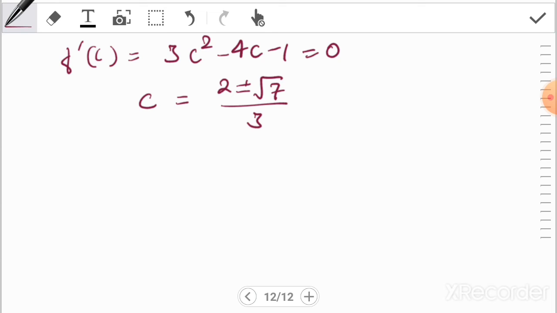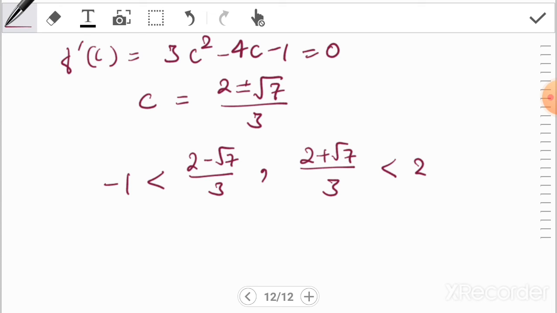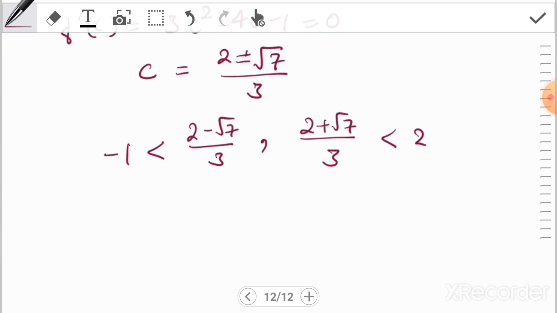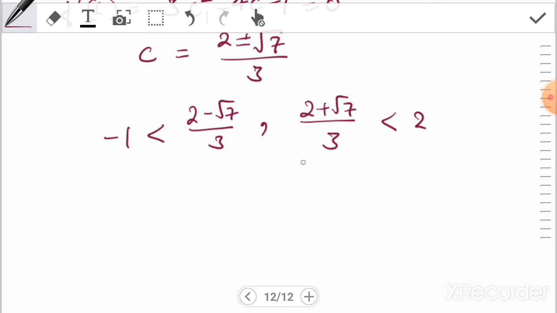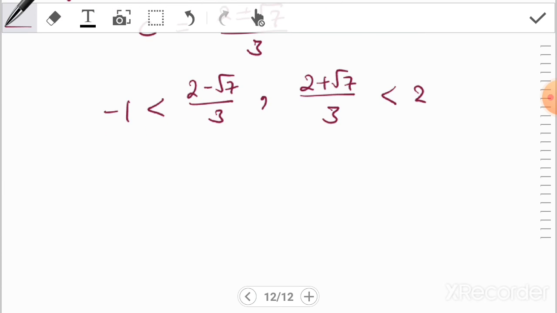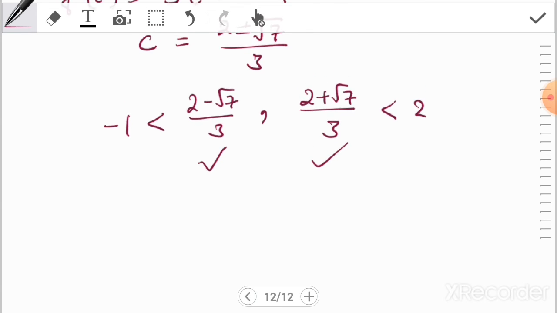Both 2 minus root 7 by 3 and 2 plus root 7 by 3 lie between -1 and 2. So there are two real numbers in the open interval (-1, 2) such that f'(c) is equal to 0. So we got two real numbers, hence Rolle's theorem is verified.